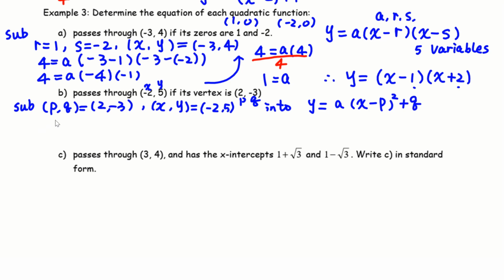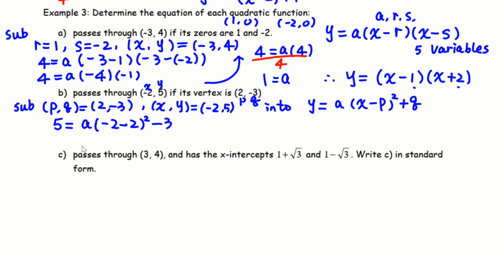So y is 5, equals a, which is unknown, times (x minus 2) squared, so x is -2. So this x equals -2, then minus p is 2, plus q is -3.